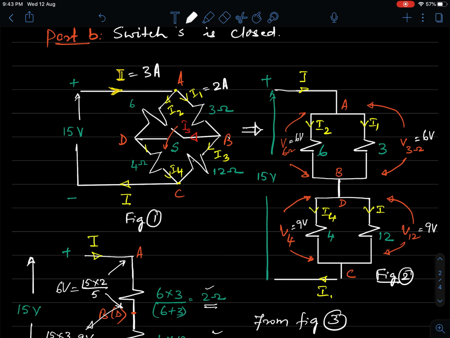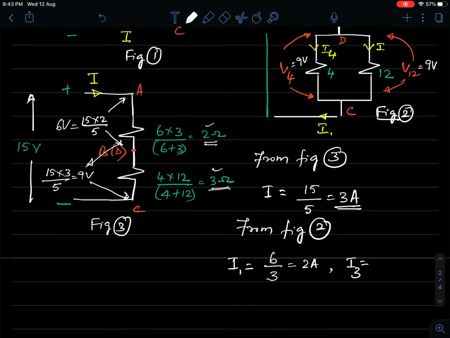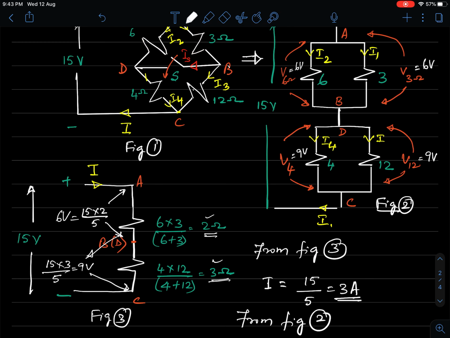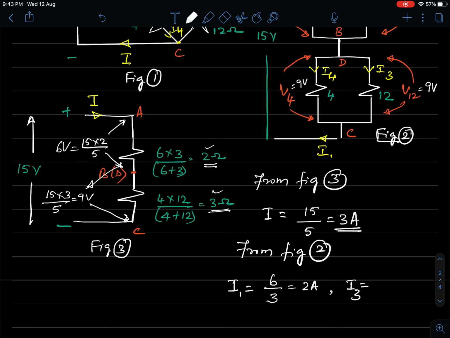Now we will calculate current I3. We will again make use of figure 2 and compute I3. This is my I3. What is I3 equal to? I3 is simply the potential difference across the 12 ohm, that is 9, divided by 12.